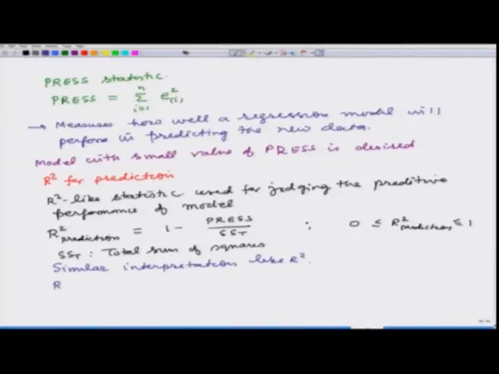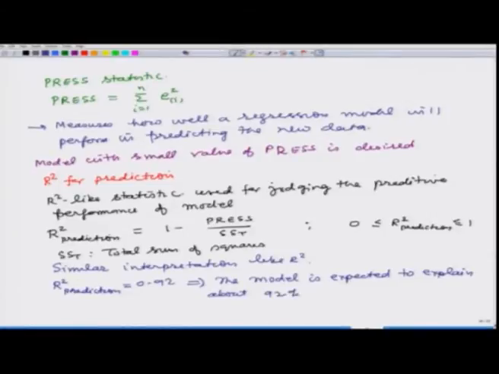Now, if we say that R square prediction is equal to 0.92, right, then this value indicates that the model is expected to explain about 92% of the variability when it is used to predict a new observation.